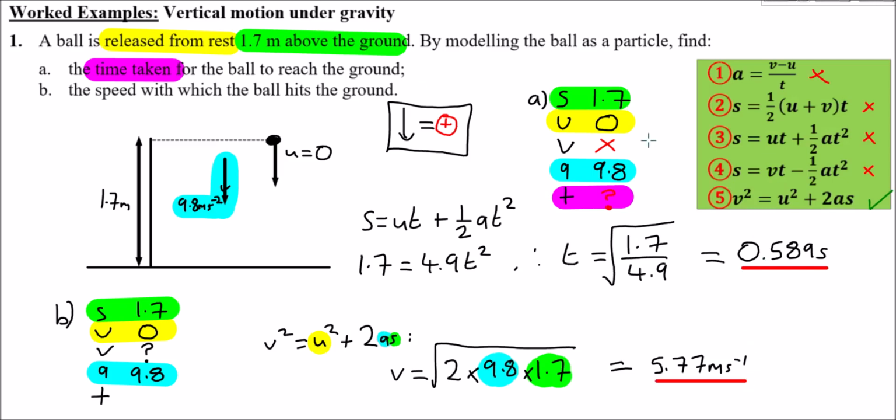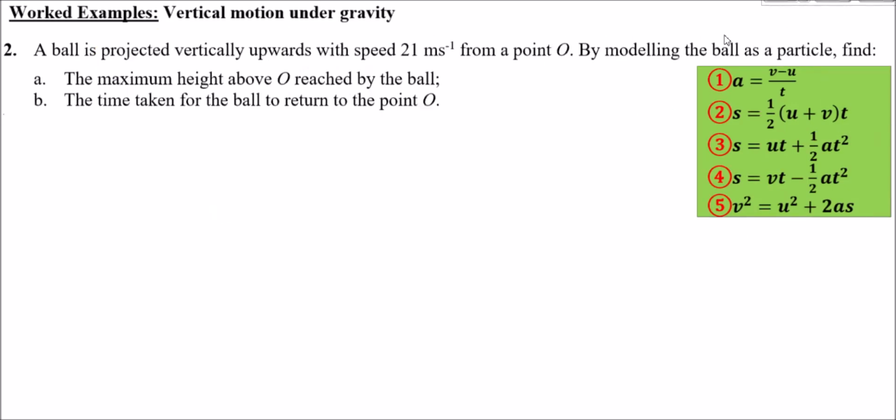Let's now have a look at worked example number 2. We have a ball which is projected vertically upwards again with a speed of 21 meters per second from a point O. So O is like the origin essentially.